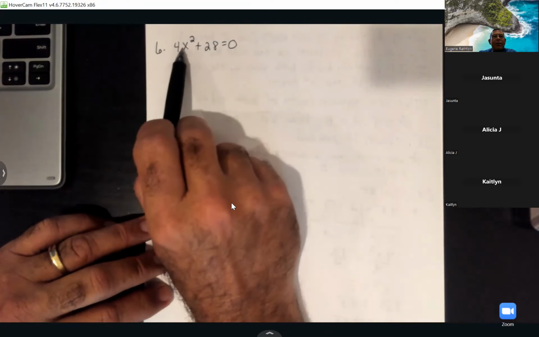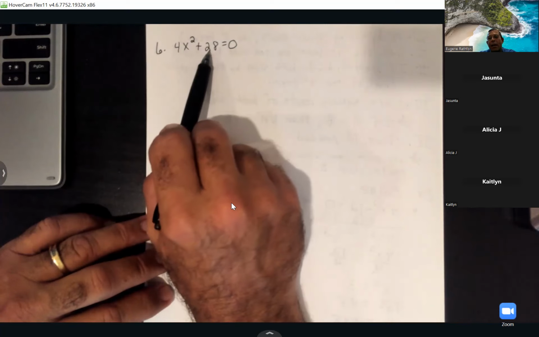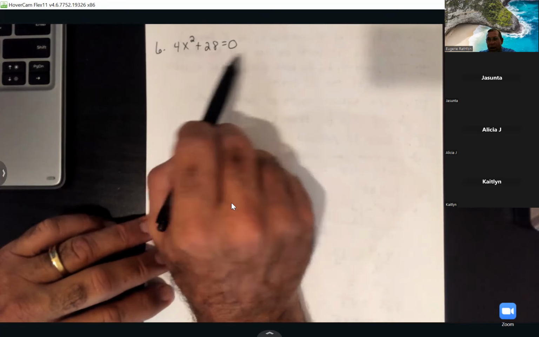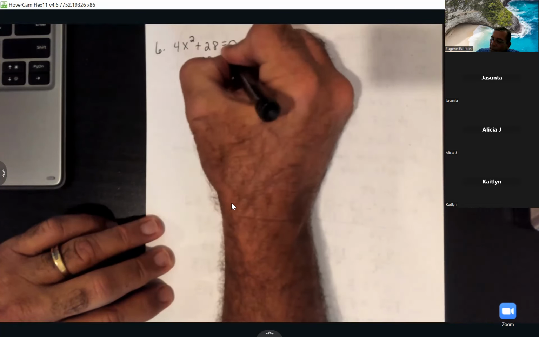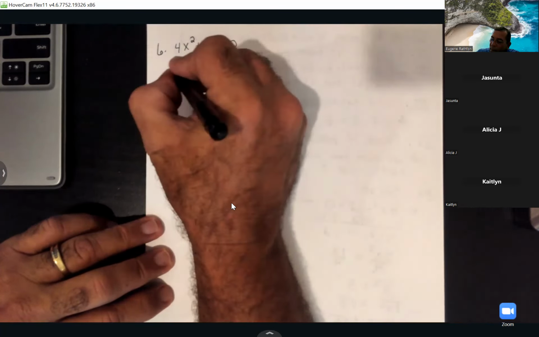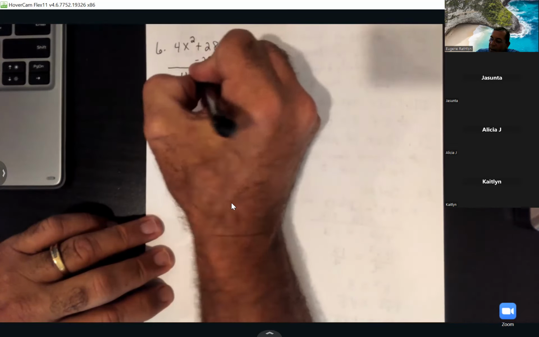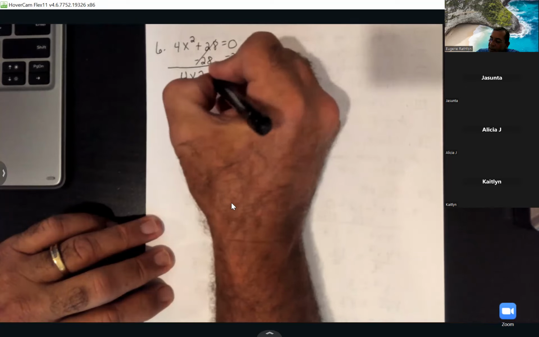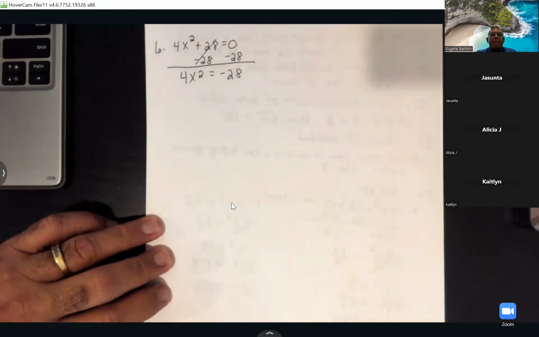So the first thing I need to do is get this 4x squared by itself. So that plus 28, we're going to subtract 28. So bring down that 4x squared. Those 28s cancel. And that's going to give me what? A negative 28.